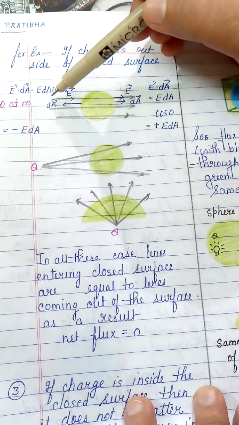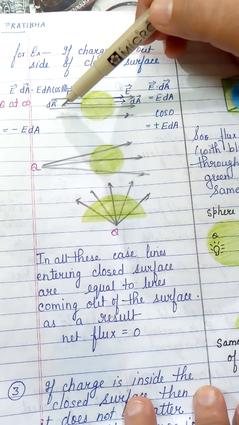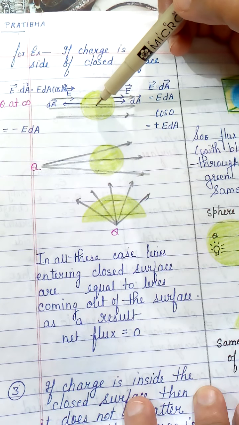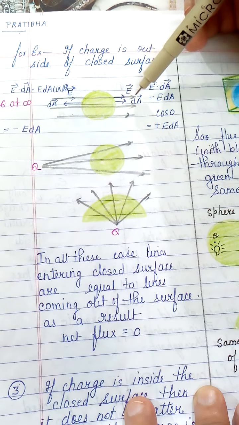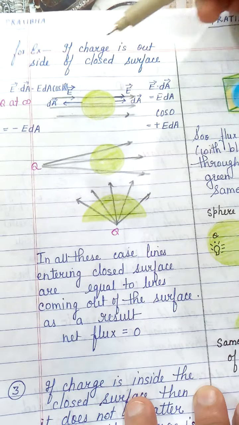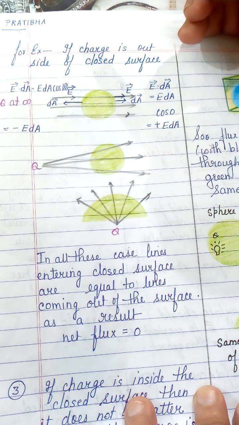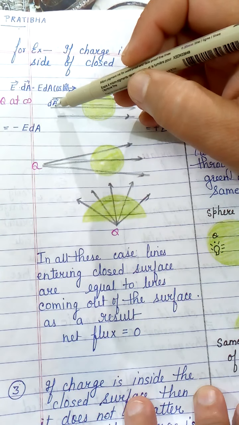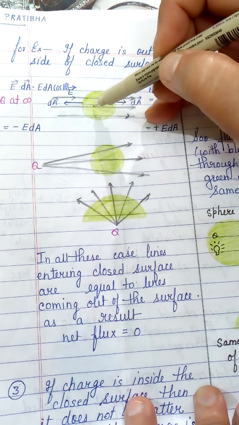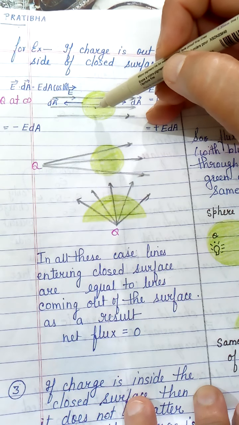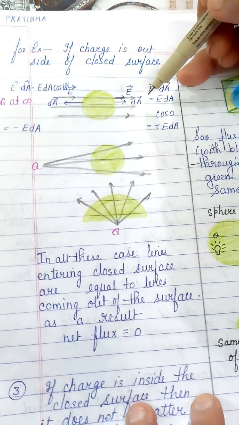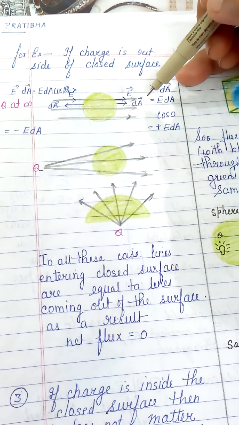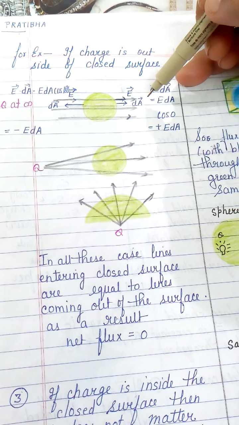So whatever flux is entering the closed surface, the same flux must come out of the closed surface. Yes or no? So flux moving inside can be taken as negative, and flux moving outside will have to be taken as positive.